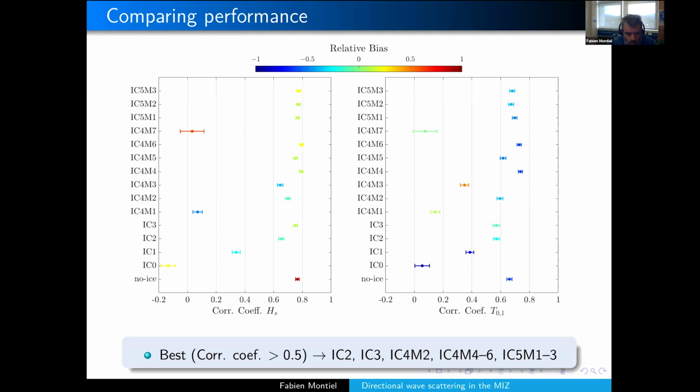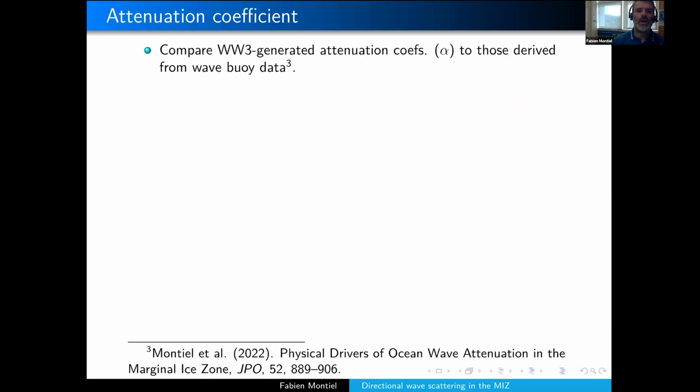Then we wanted to see, well, why does this happen? And so the attenuation coefficients, which are parameterized in each of these parameterizations, how does that compare to those we can actually compute from the data themselves? And so that's my attempt here.